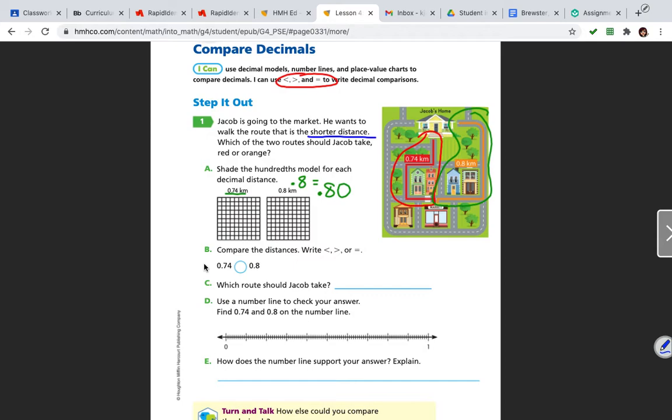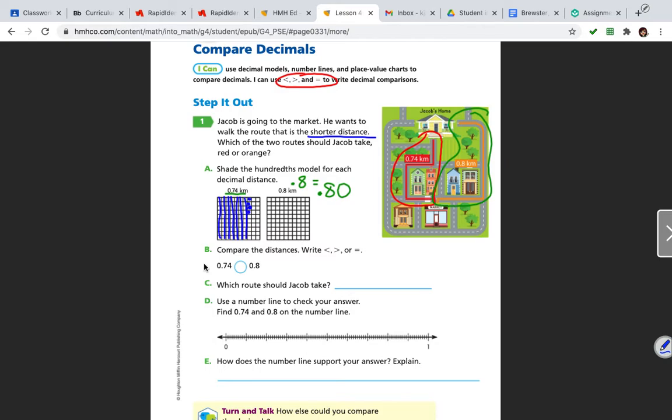So we have 74 hundredths. That's going to be 7 tens. 1, 2, 3, 4, 5, 6, 7. So that's 70. We're going to shade in 4 hundredths. 1, 2, 3, 4. So that represents 74 hundredths.